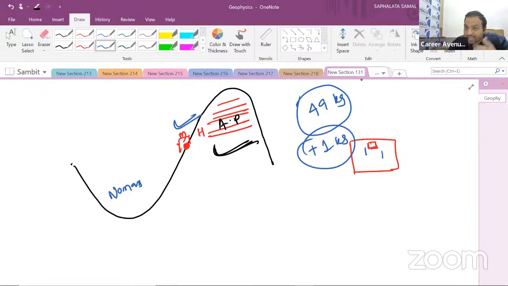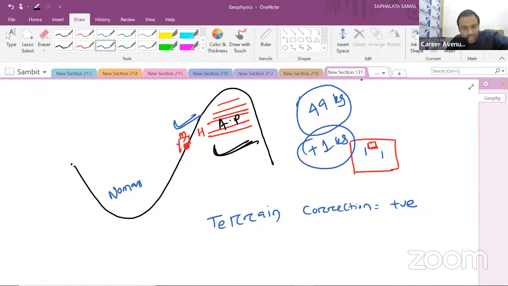So I have to add some extra value. So both in the case of the Himalayas and in the case of the valleys, I have to add the correction terms. That's why the terrain correction is always positive. Always positive. Okay. This was the terrain correction.